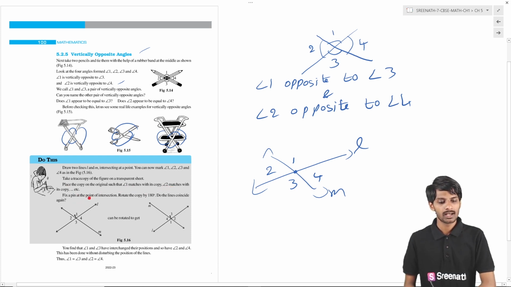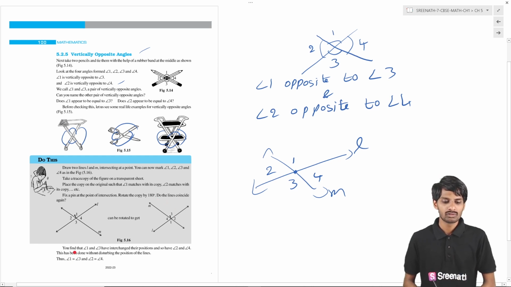Fix a pin at the point of intersection, and rotate the trace copy 180 degrees. You have to rotate it such that angle 1 coincides with angle 3.